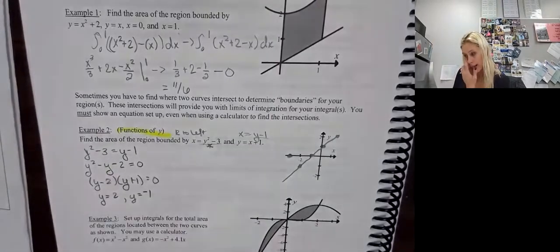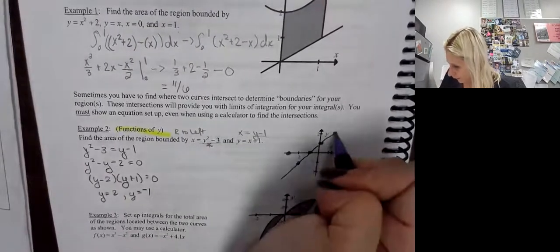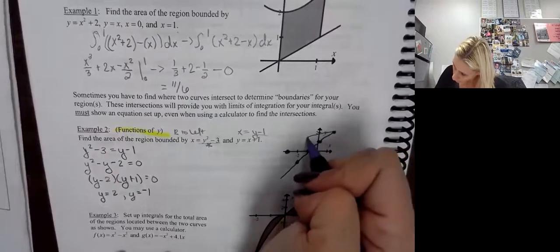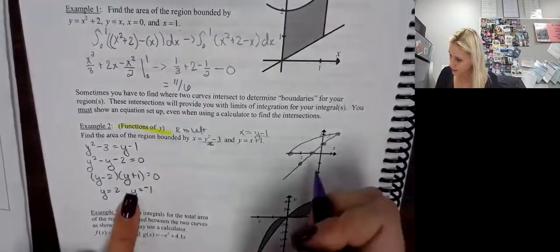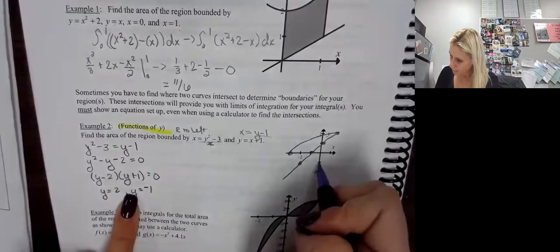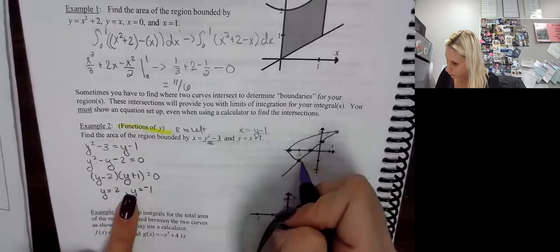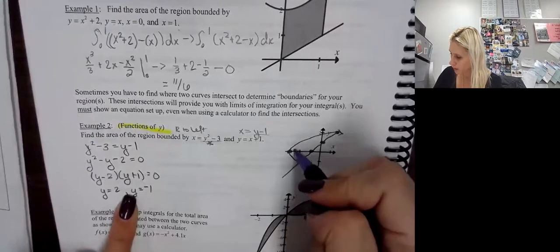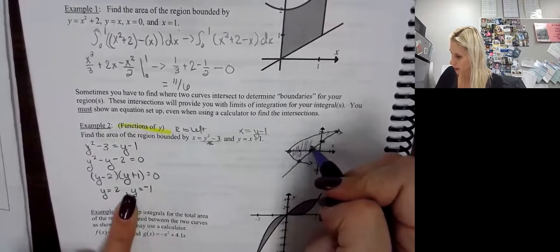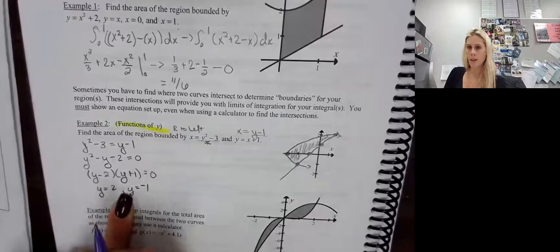So they intersect when y equals 2. And look, we have that. So they intersect there. So I'm going to curve that. And they intersect when y equals negative 1. So they intersect right here. And of course, these guys continue, but we only care about the area in between these two functions. So all of that right there.